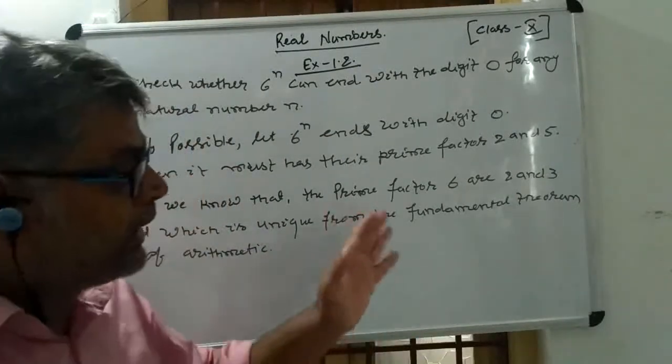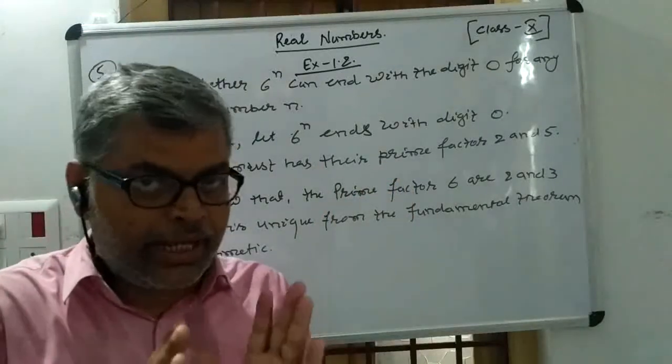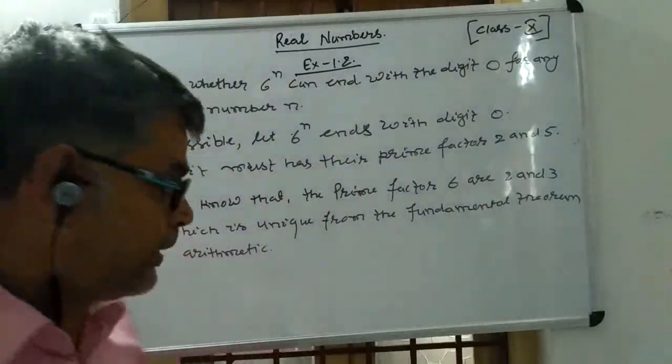So 6 has only 2 and 3 as prime factors. It never has 5 as a prime factor.